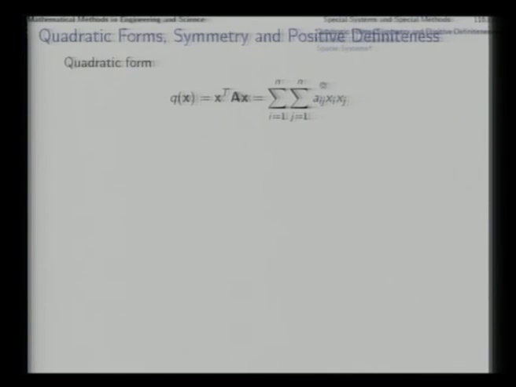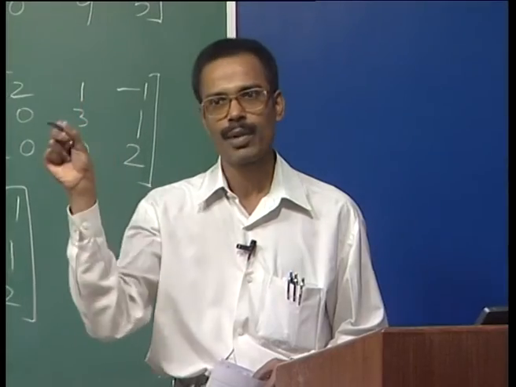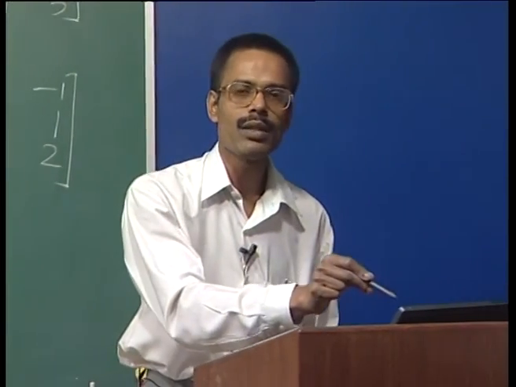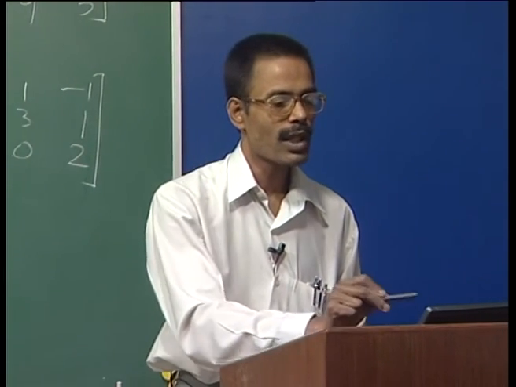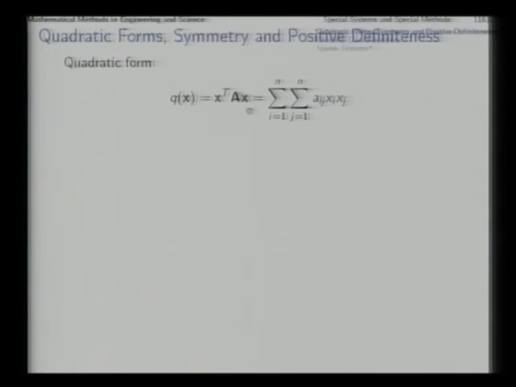Now, this kind of quadratic form is typically defined with respect to a symmetric matrix A, because if you try to put a non-symmetric matrix there, one can quickly change it. For example, if A were not symmetric, then in place of A we could put A plus A transpose by 2, giving the same function, but in a matrix which is symmetric. That is why this kind of quadratic form is typically defined in terms of a symmetric matrix A.